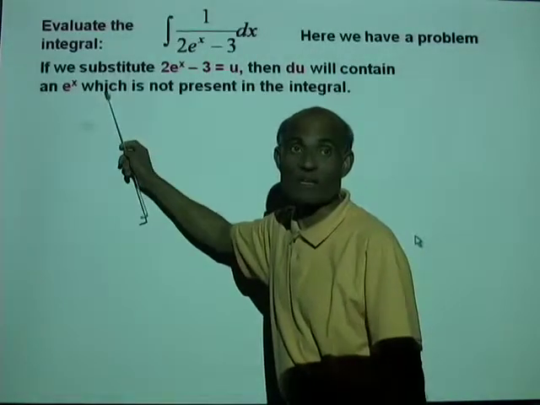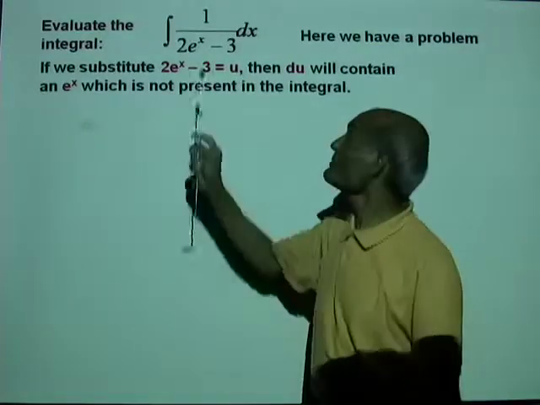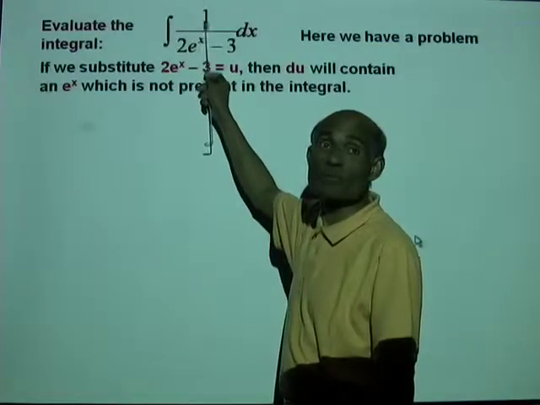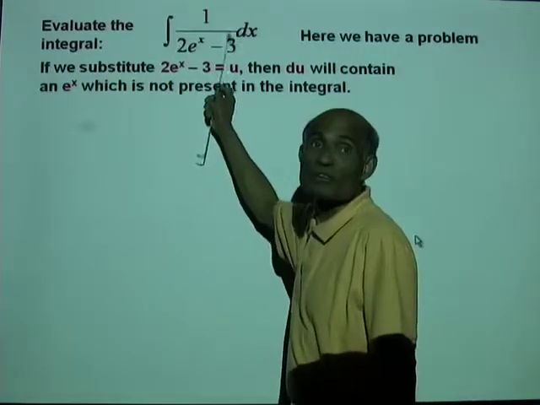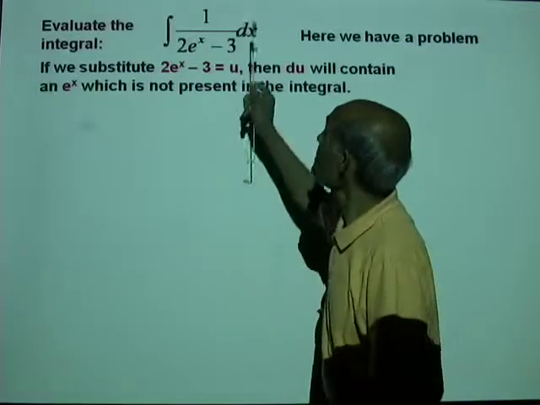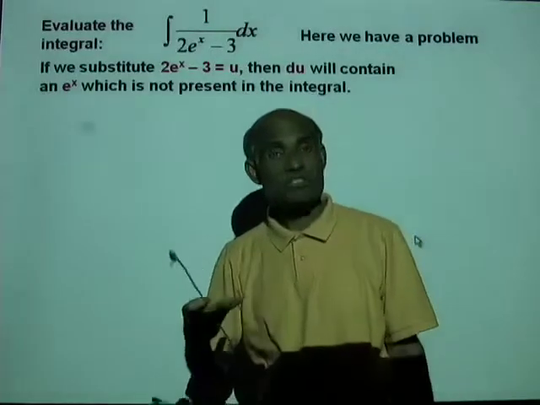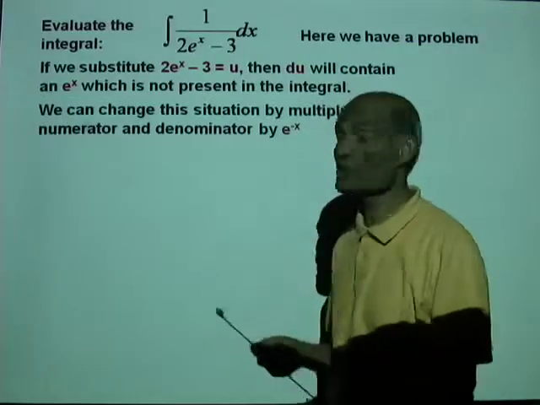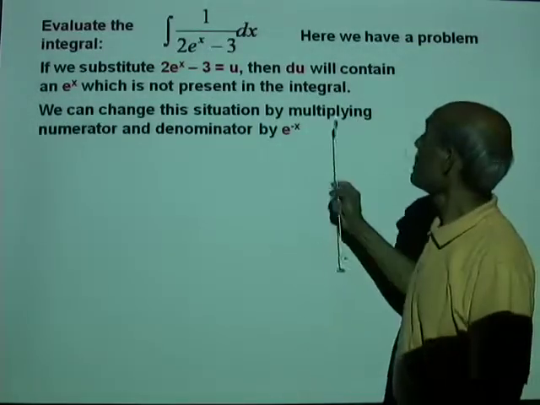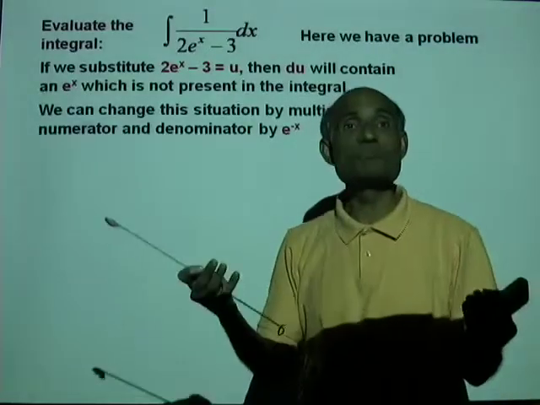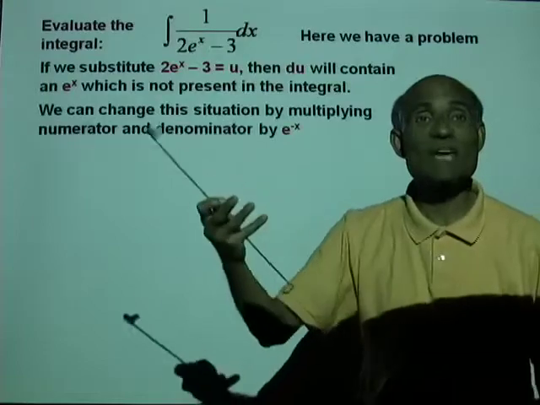Try that and see, which is not present on the numerator. If there is an e to the power of x on the numerator, we have no problem. We can make a substitution, this equal to u. But since we don't have an e to the power of x on the numerator, that is a serious problem. So we can change this situation by multiplying the numerator and denominator by e to the power of negative x.